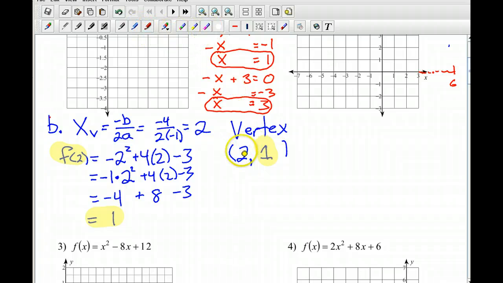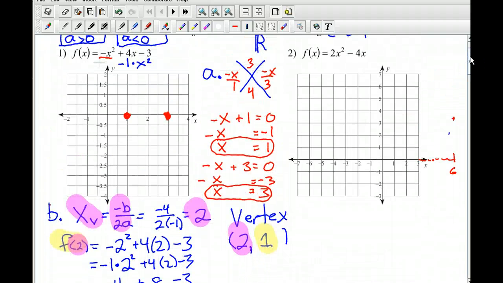How do I get that 2 to begin with? I plug it into this equation. That's how I got 2. First, you get the x from the formula, negative b over 2a. That's the first part. Take that answer, plug it in here, original function, and that's how we get the y part. So we know, and now, 2, 1. That's right there.